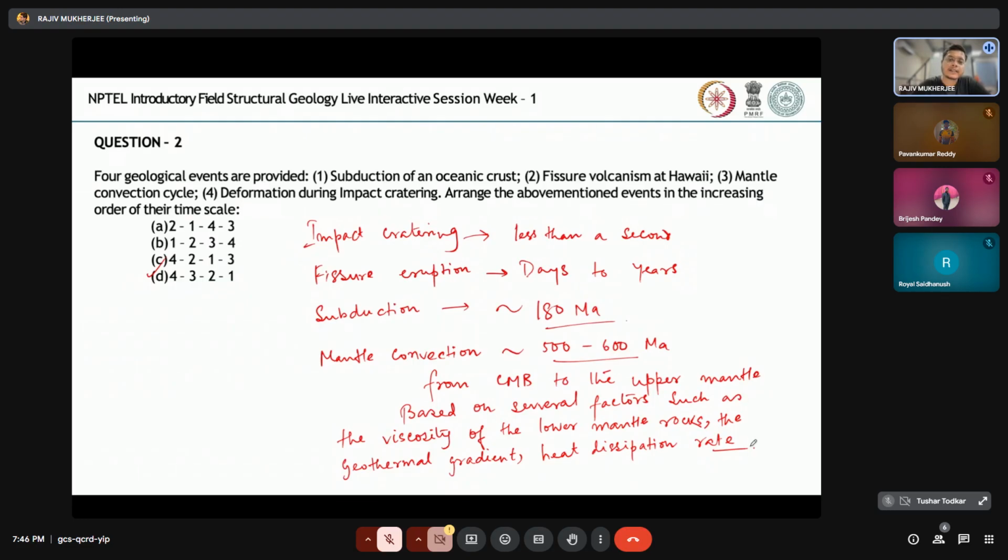So our knowledge from the direct evidence is mostly related to the first 100 kilometers of the crust and the mantle, right? But beyond that, whatever there might be, we rely on the geophysical data, the seismic data, and the thermal conductivity and so on.